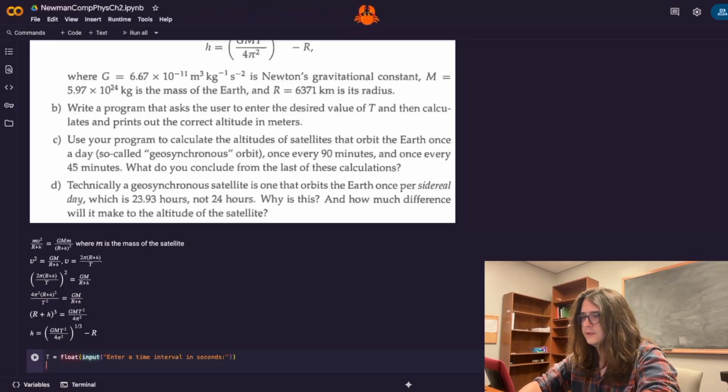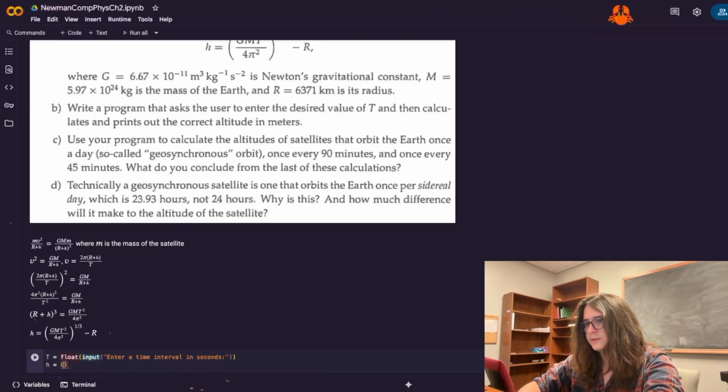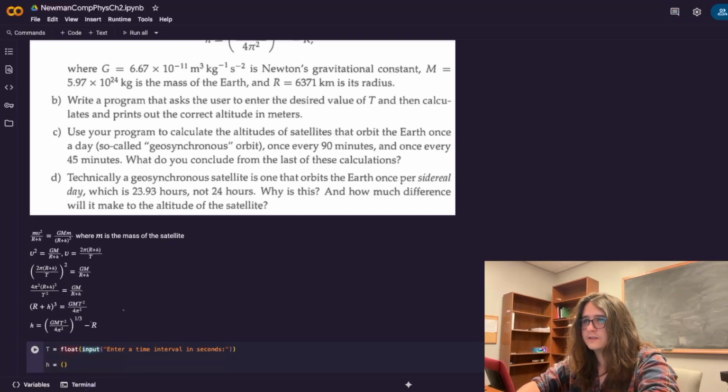Now we need to have it calculate the altitude. So this is going to be h equals, and then in parentheses... Oh, we have to define these constants actually.